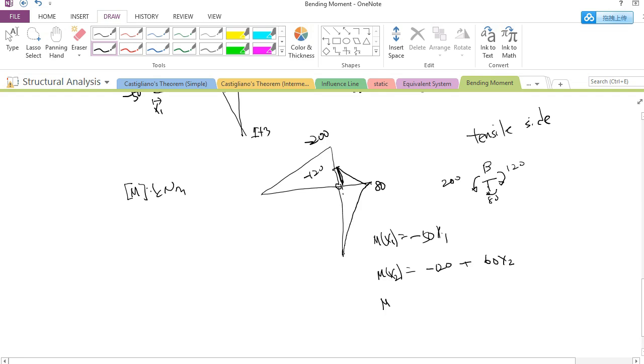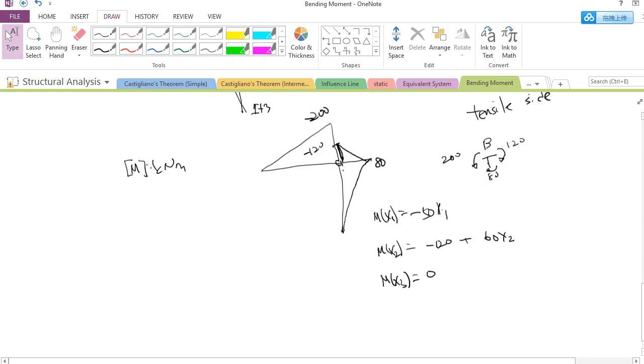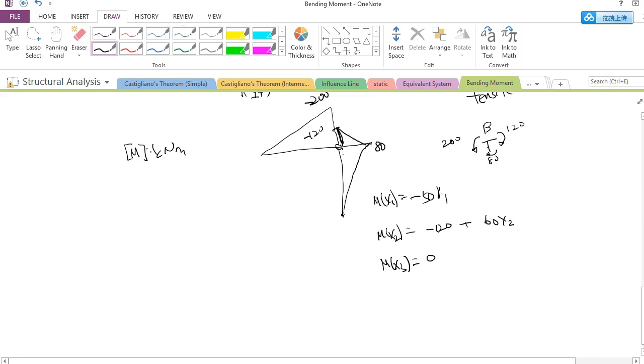And M of x3, the starting value is 0 because at point D the moment is 0, and then we integrate the shear force for this segment. Basically it's 5 x3 squared.